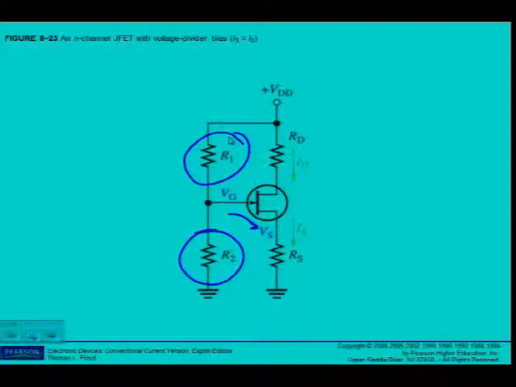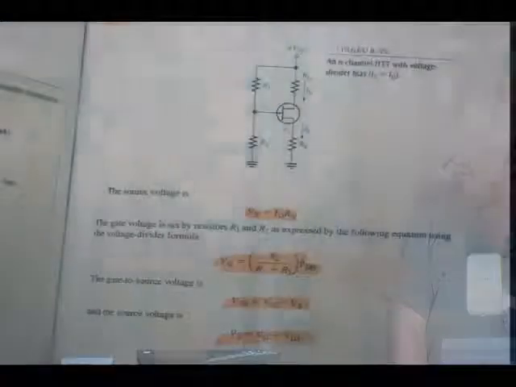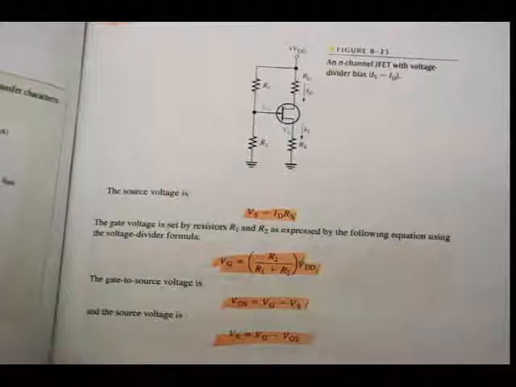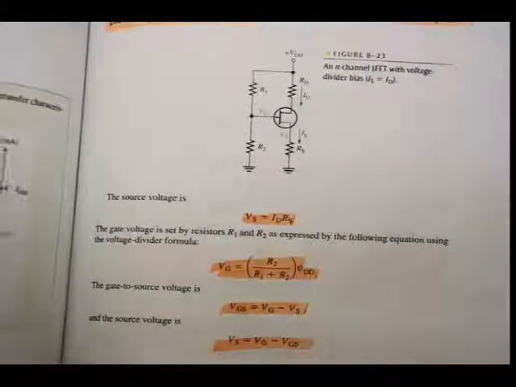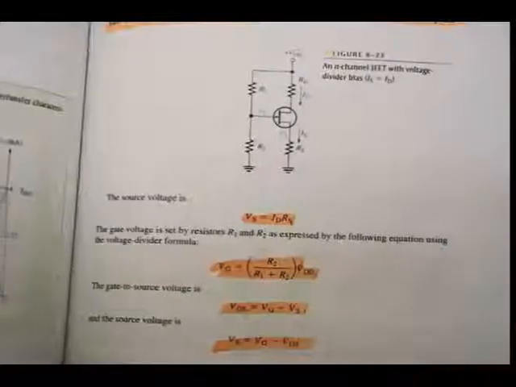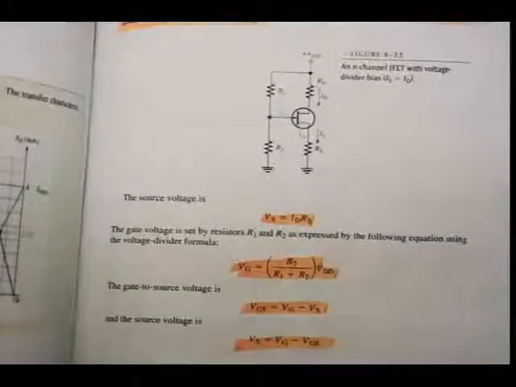Alright, so let's have a look at the formulas. You should recognize them because they're basically the same as the BJT, only of course that we are talking about the drain, gate and source and not the collector, base and emitter as in the BJT.